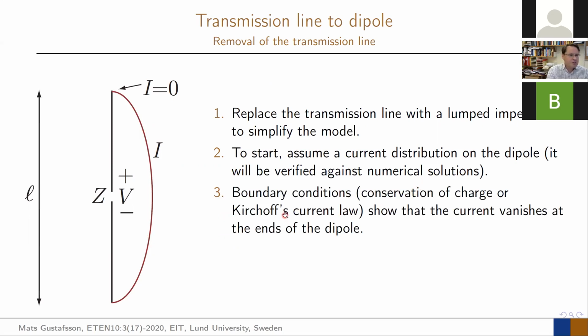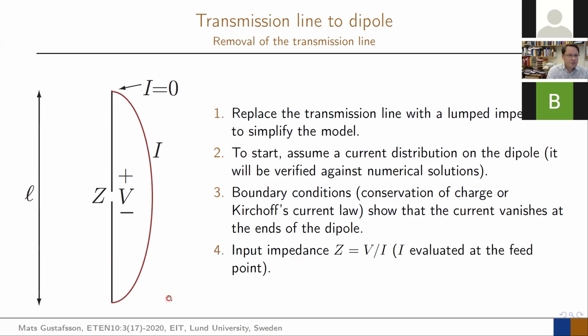And the boundary condition again says basically that the current should be zero out here at the end. And the input impedance is the voltage divided by the current, and the current here is evaluated in the feed point. So the voltage goes over the gap and the current is passing this gap. That will give me my input impedance.